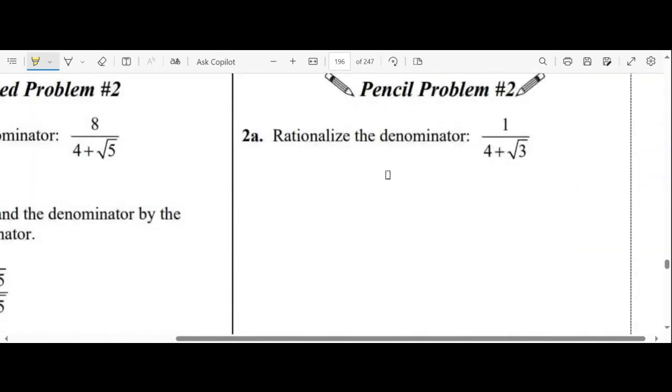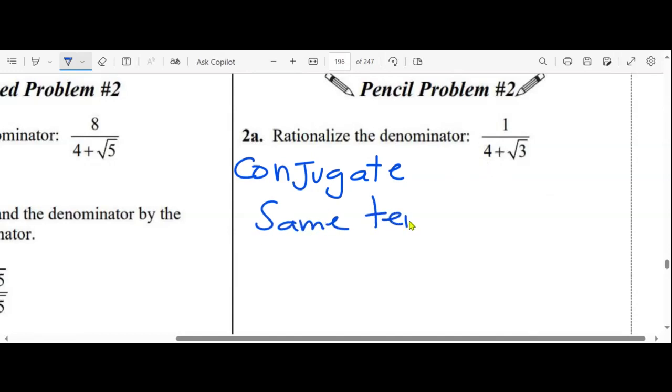Now we're going to do the conjugate. You remember the conjugate? Yes. So same terms, opposite sign in the middle.